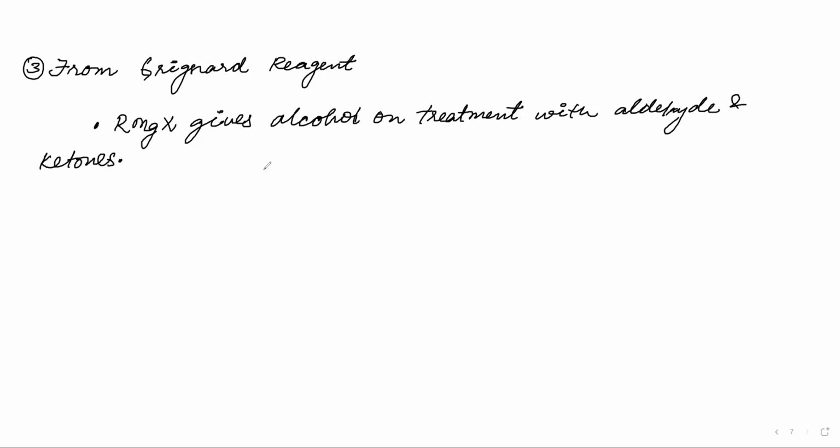If I want to write a generalized reaction, I can write C double bond O. Now if you have RMgX here, then what you will get is a carbon. This R will attach to this carbon, and you will have OH here. This is a general reaction.